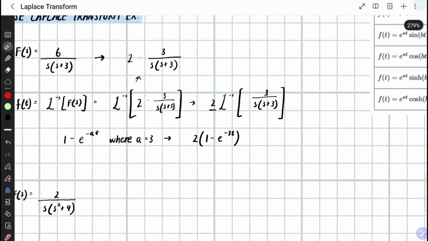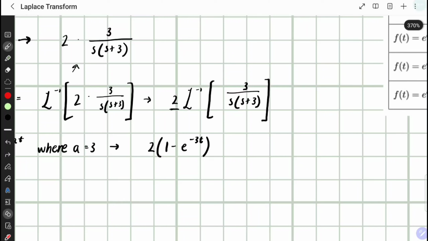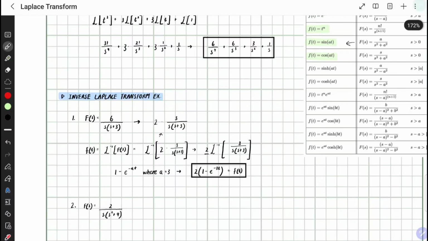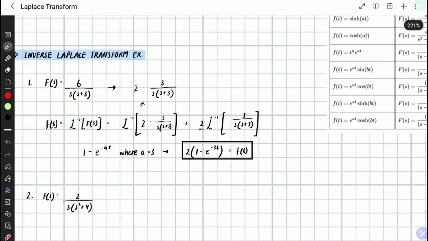And that is the answer for this. To make it clear, this is equal to our f of t. We're basically just doing what we did here, but backwards. We're finding our original function.